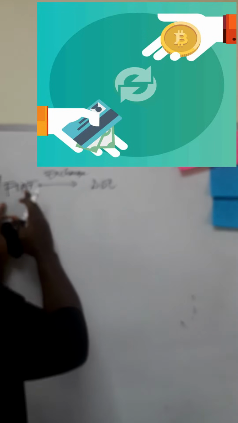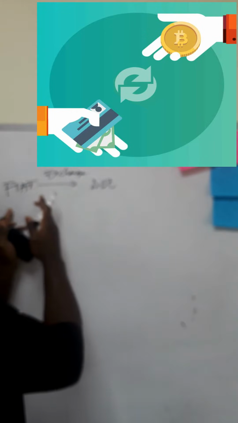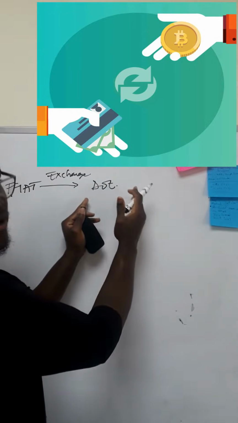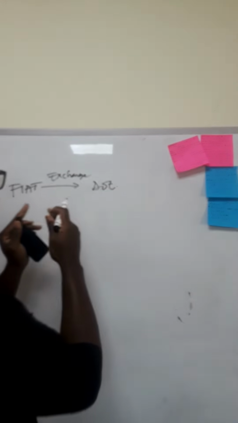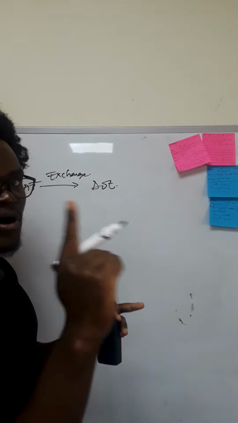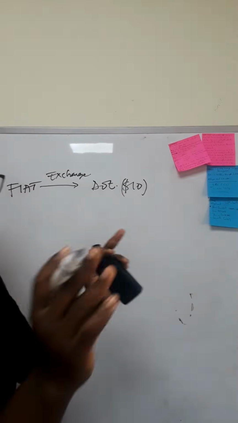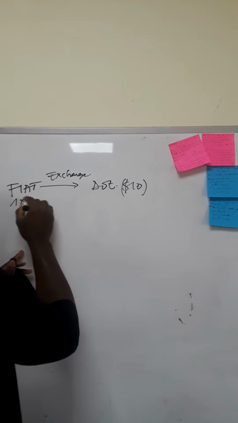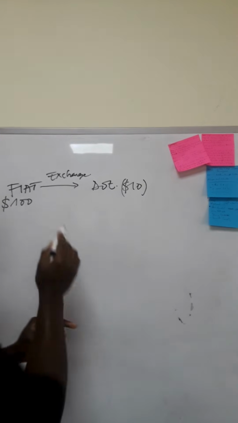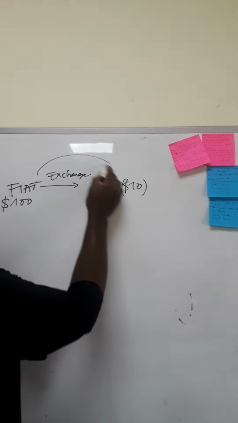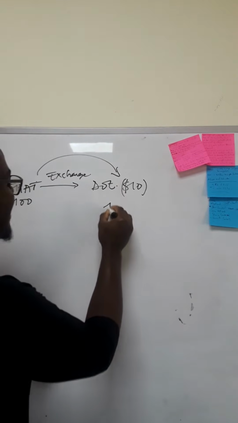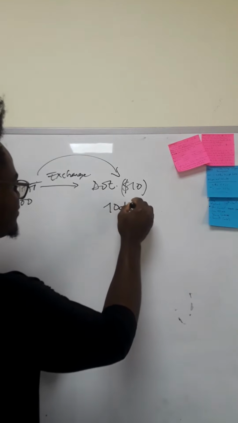So you will exchange your fiat currency into cryptocurrency. Let's say one coin of Polkadot is $10. Let's say you're investing $100. You have $100 here. If you put this in, it will give you 10 DOT.